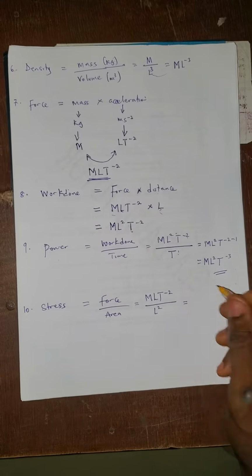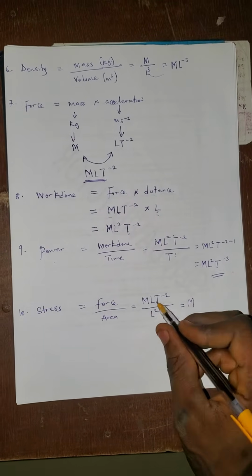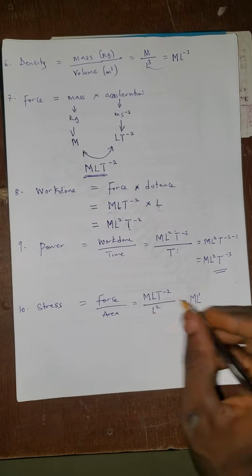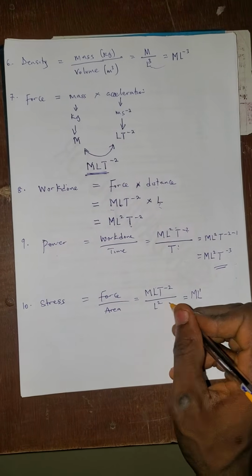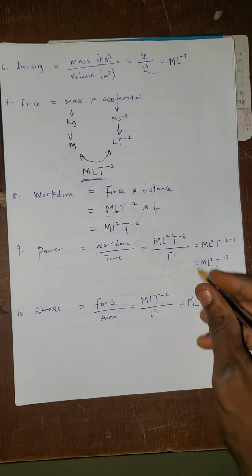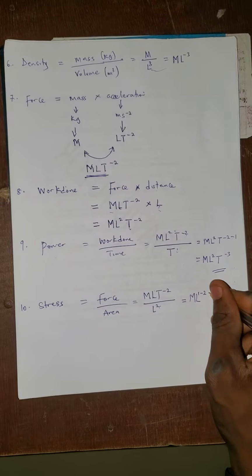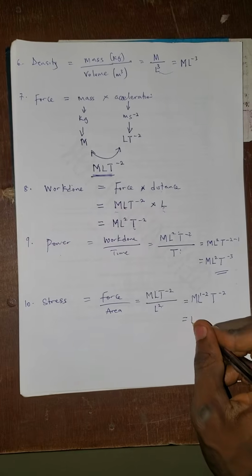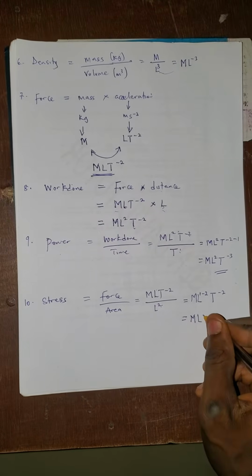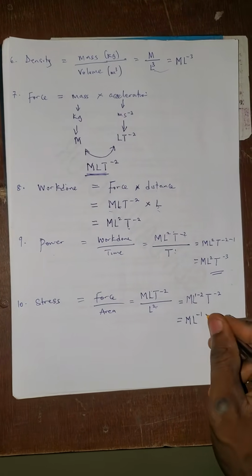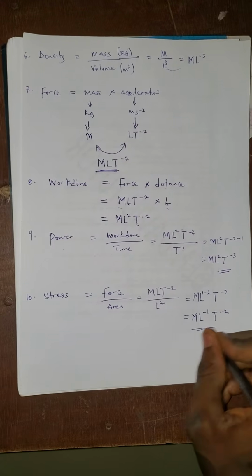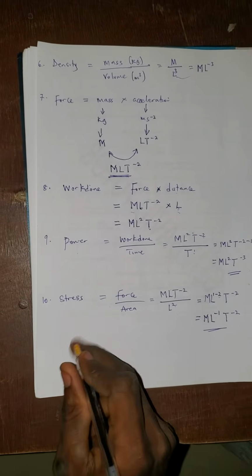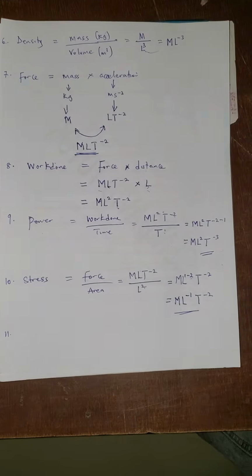Then the L at the numerator here is 1. So if the L squared at the denominator goes up, it becomes minus 2. So we have T raised to minus 2 at the numerator. Then finally this becomes M L raised to minus 1, T raised to minus 2, because 1 minus 2 will be minus 1.